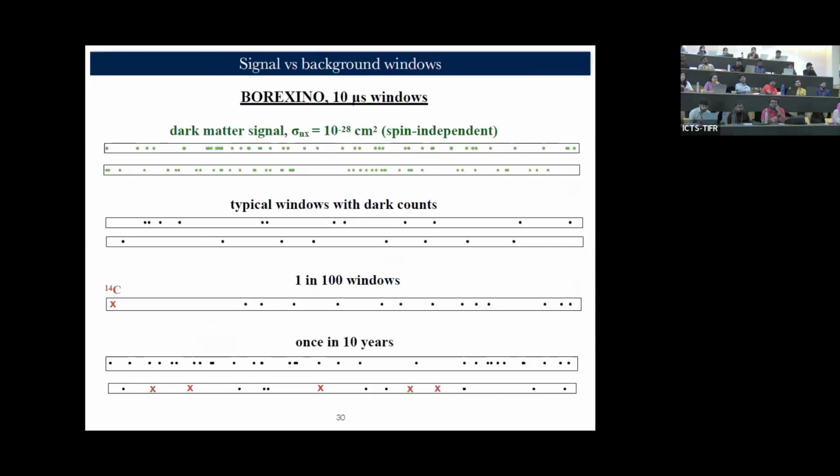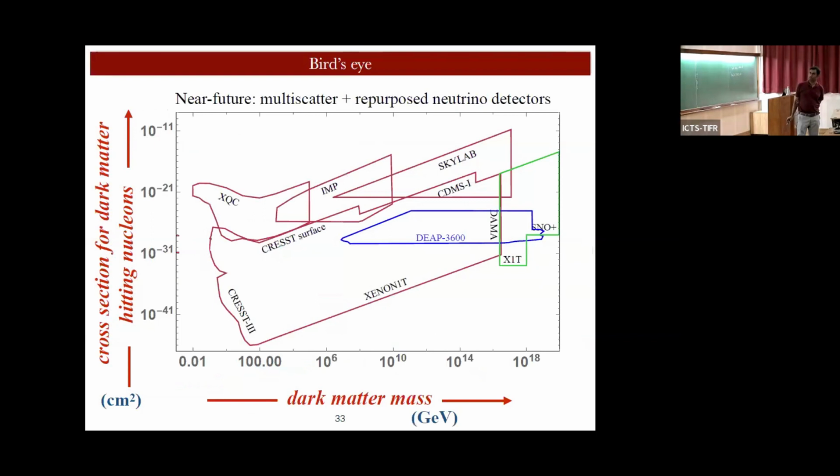When you see plots like this, the intrinsic assumption is that the particle you assume is interacting with the detector constitutes all the dark matter, 100%. If you relax that assumption, all these limits will get relaxed proportionally. If I'm thinking of 10% of the dark matter made up of this particle, then all of this will go up by a factor of 10.